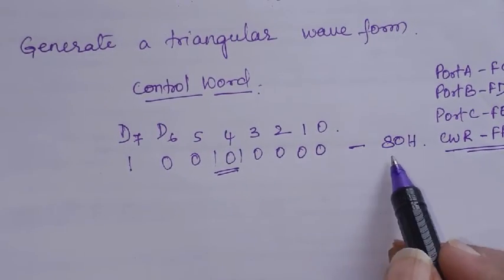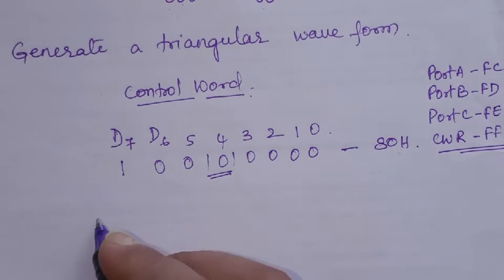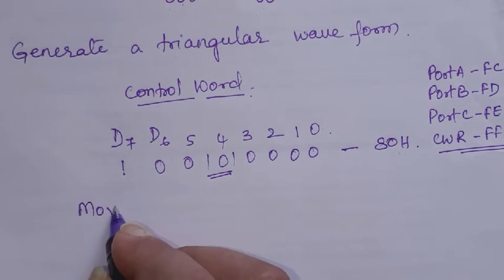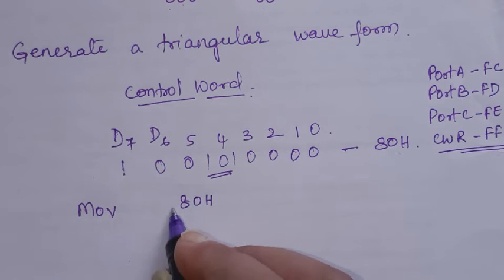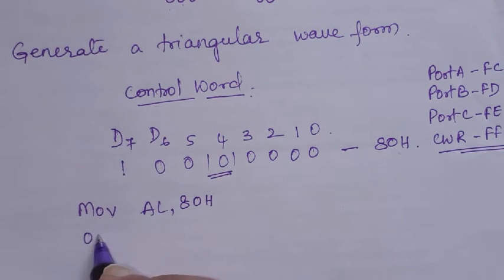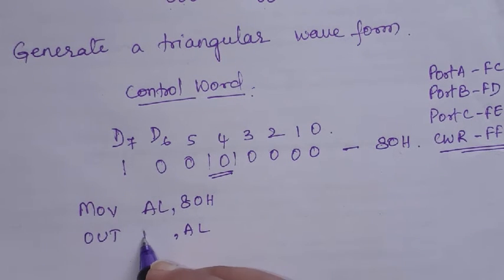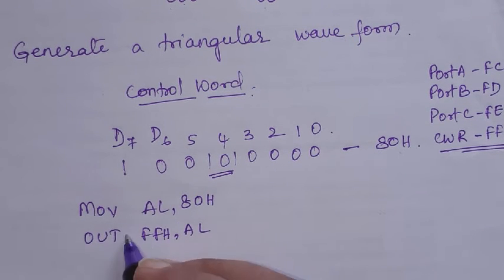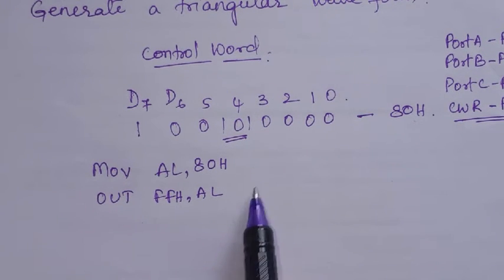Now to initialize this 8255 port A as output port, first write this control word 80H to AL and write this to control word register, so AL to control word register address FFH. Okay, now it is initialized. Port A is initialized as output port in IO mode.